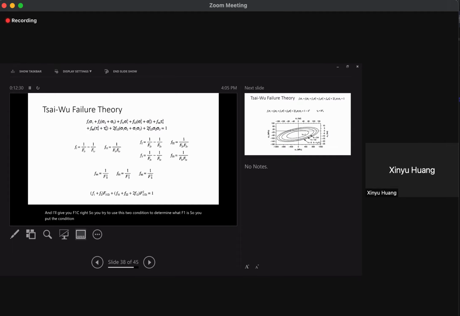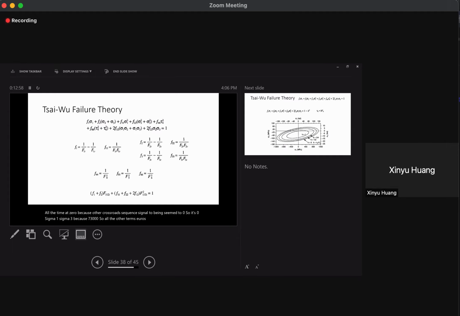Sigma 1 is positive, plus F11 sigma 1 squared, equals 1. All the other terms are 0, because in the cross terms sigma 1 sigma 2, sigma 2 is 0, so it's 0. Sigma 1 sigma 3, because sigma 3 is 0, is 0. So all the other terms are 0. But this is equal to 1.